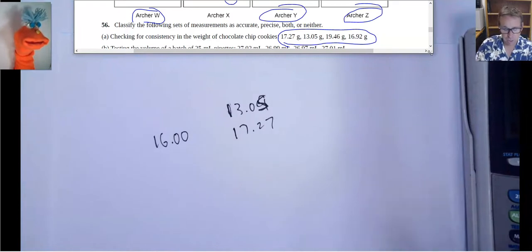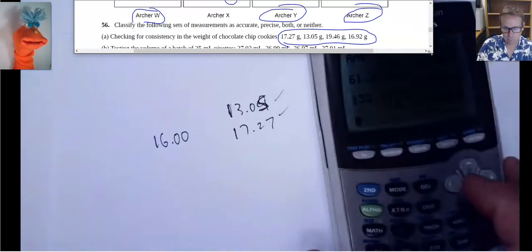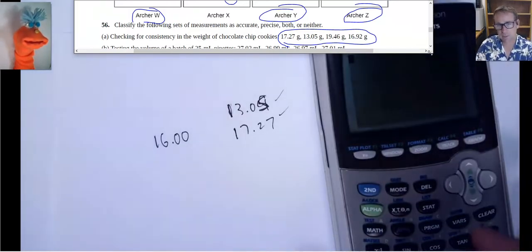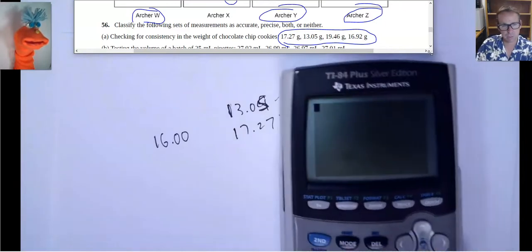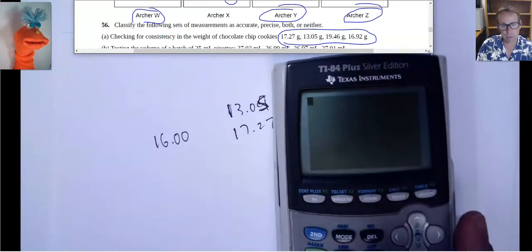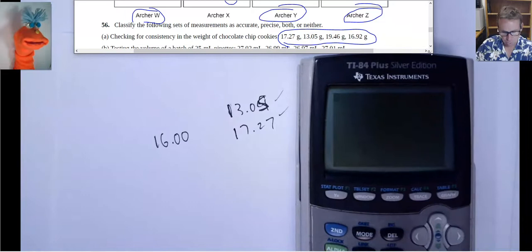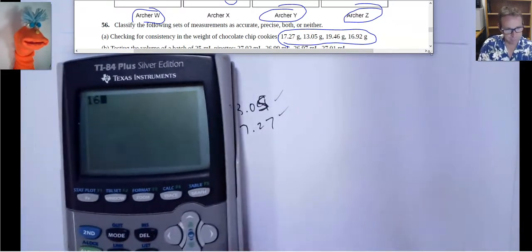Our factory is making cookies, and these are some examples of two cookies that were made. We want to see how far away our cookies are from being accurate. So we go 16 minus the 13.05.